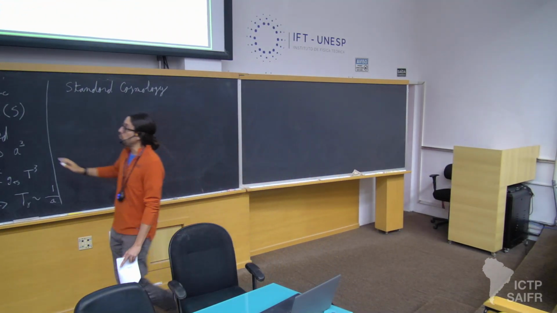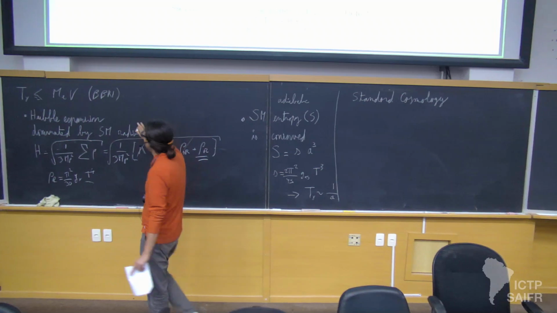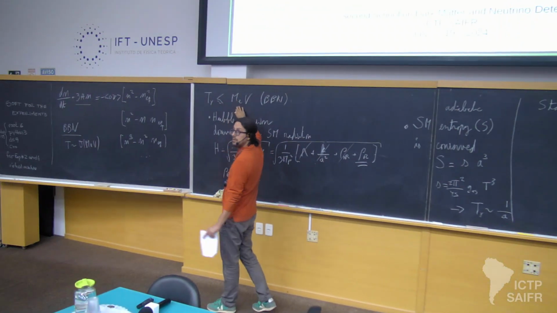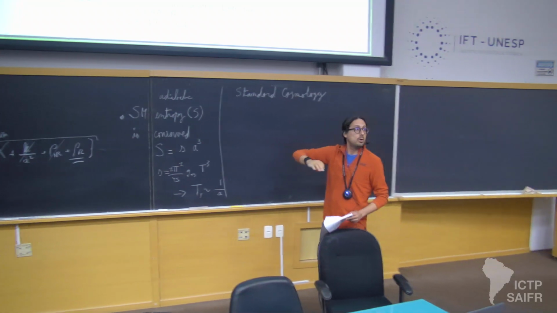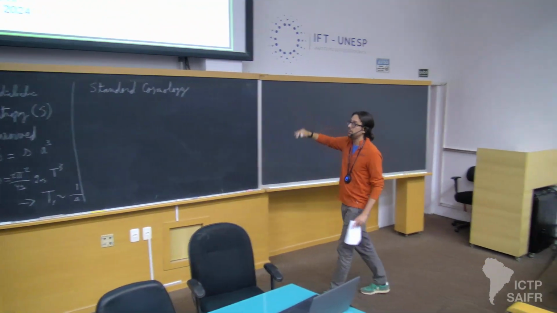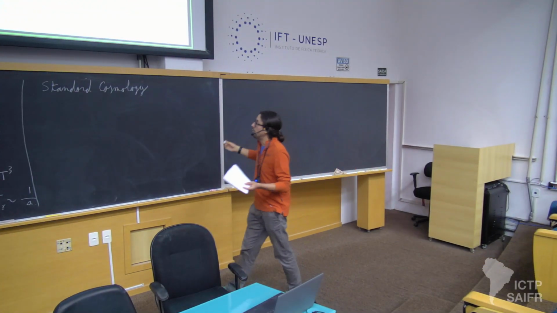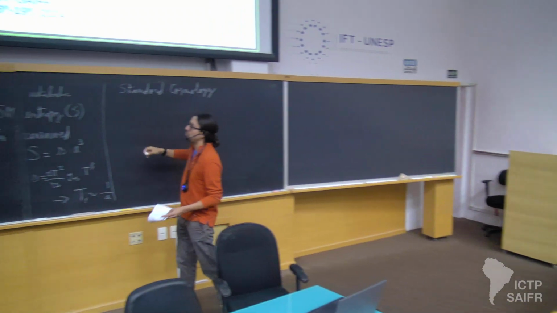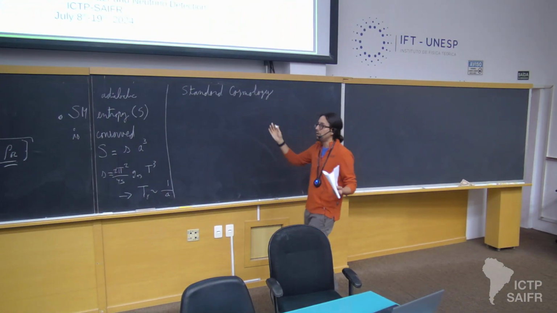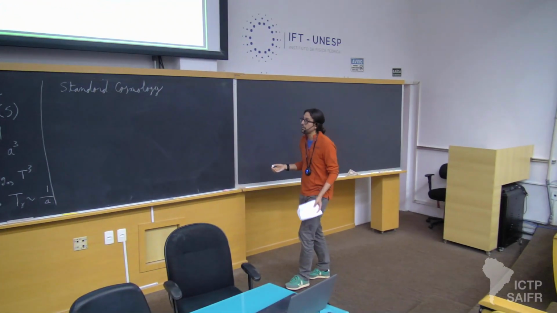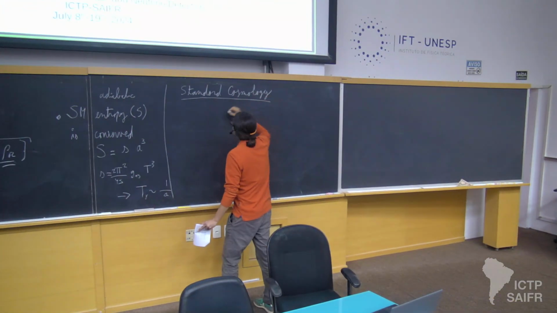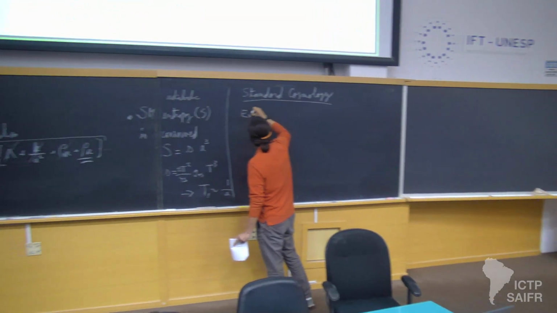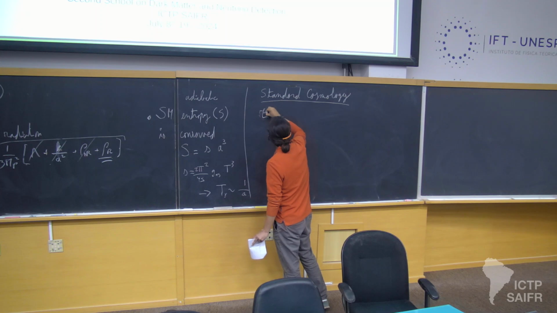We say that what we know at the moment of BBN, when the temperature is of order MeV, will also apply for the early universe, where the temperatures were super high. I don't know what the highest temperature of the universe was, but it could be 10 to the 10 GeV or something like this. But really what we're doing is an extrapolation.